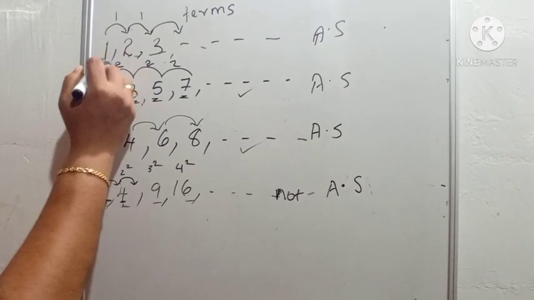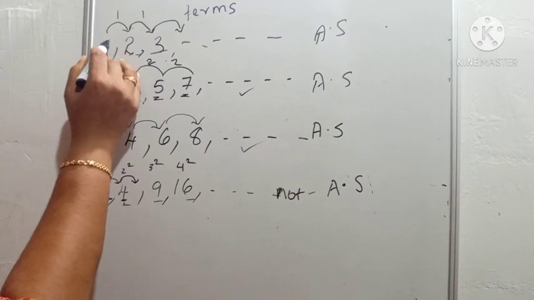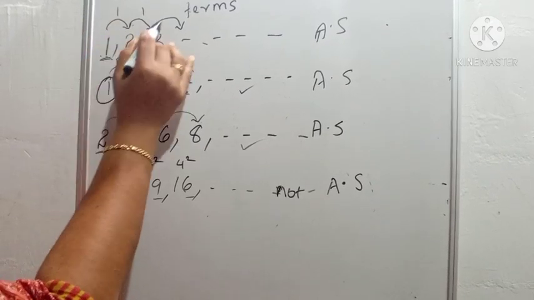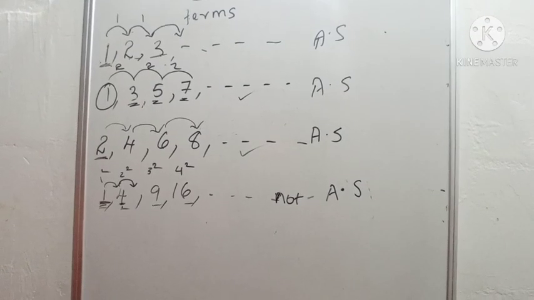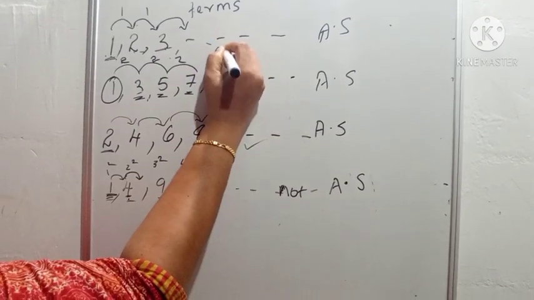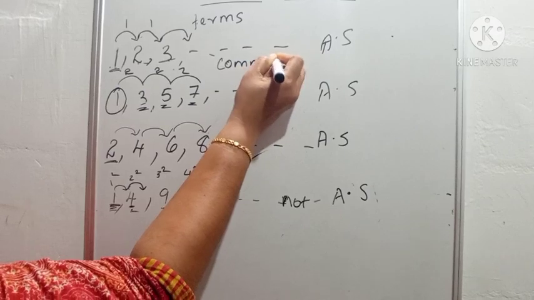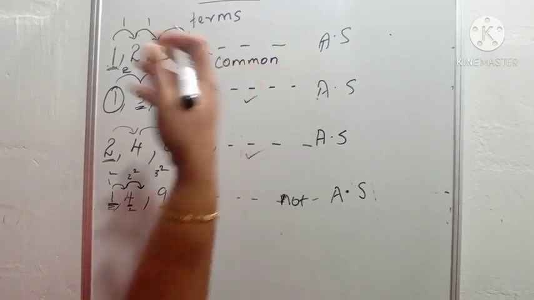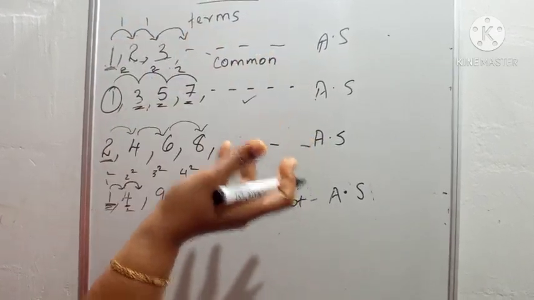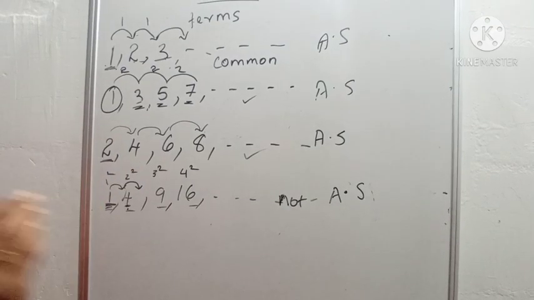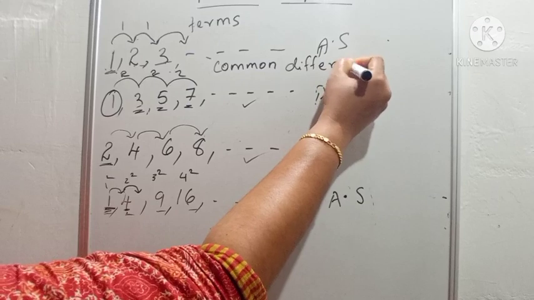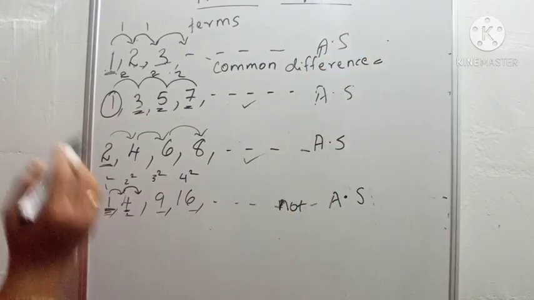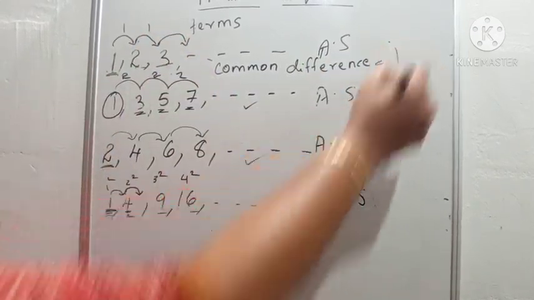See, in this sequence, starting with 1 and adding 1 repeatedly, we get the sequence of natural numbers. Then which is the common difference here? Common difference means the fixed number that is added continuously in an arithmetic sequence. Here the common difference is 1.